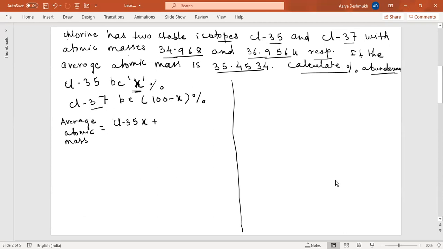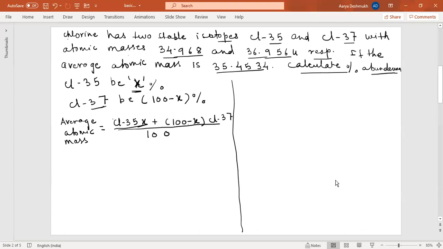Plus the atomic mass of Cl37, it would be 100 minus X. This is the atomic mass of Cl37. Okay, just to save space, I wrote it in short. This is for the average: the atomic mass of Cl35 into X plus 100 minus X for Cl37. Okay. So divided by 100.